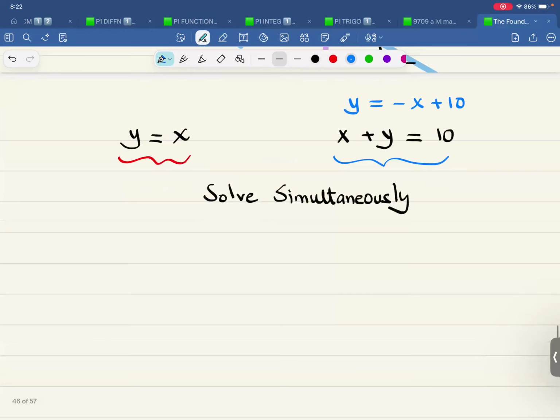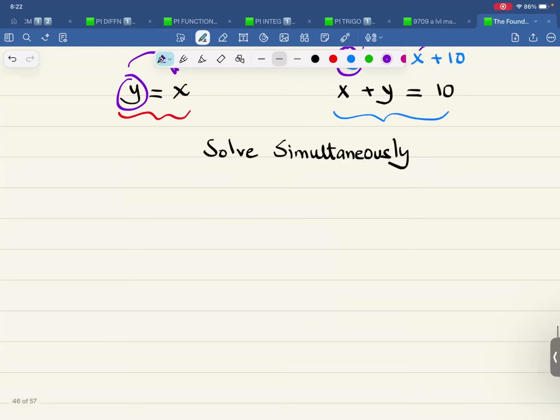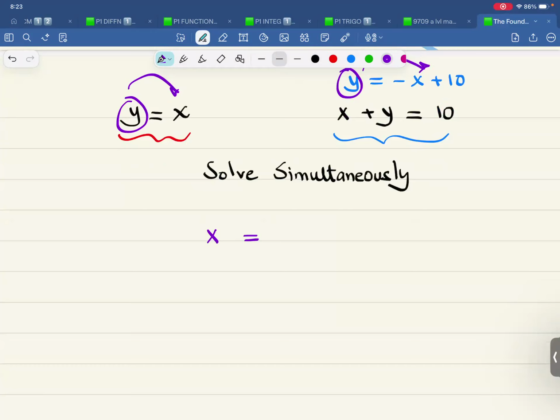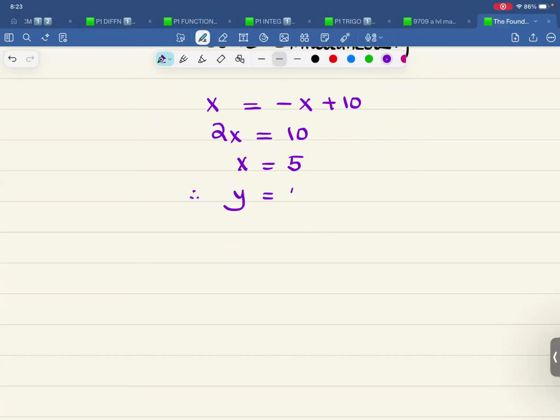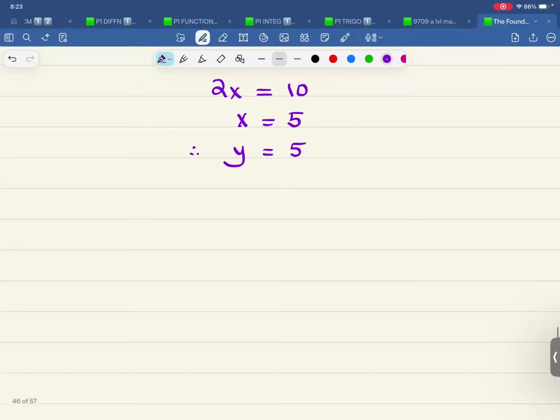So if I solve simultaneously, I can say y equals x, y equals negative x plus 10. So I can write x is equal to negative x plus 10. 2x is equal to 10. x comes out to be 5. Since y equals x, therefore y also comes out to be 5. So if they ask for solution of simultaneous equation, then x is 5, y is 5.